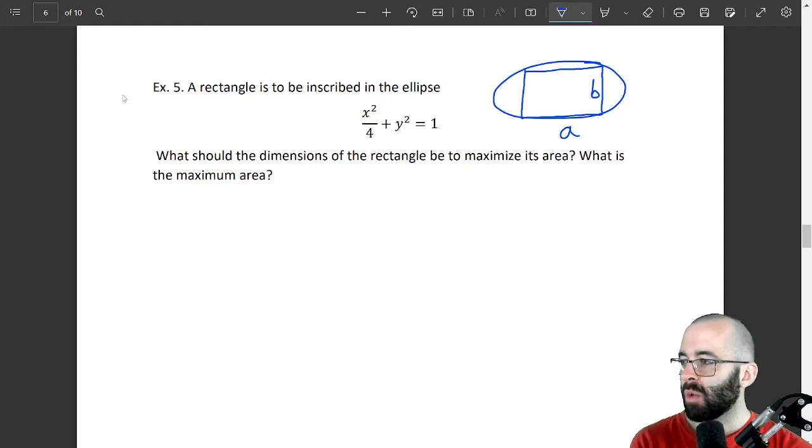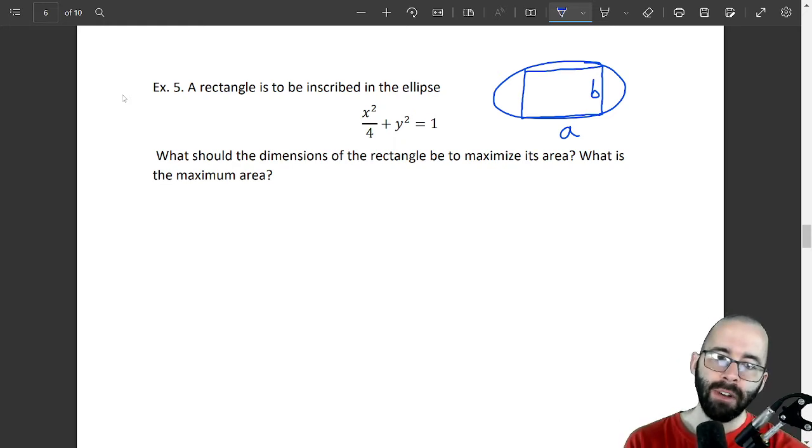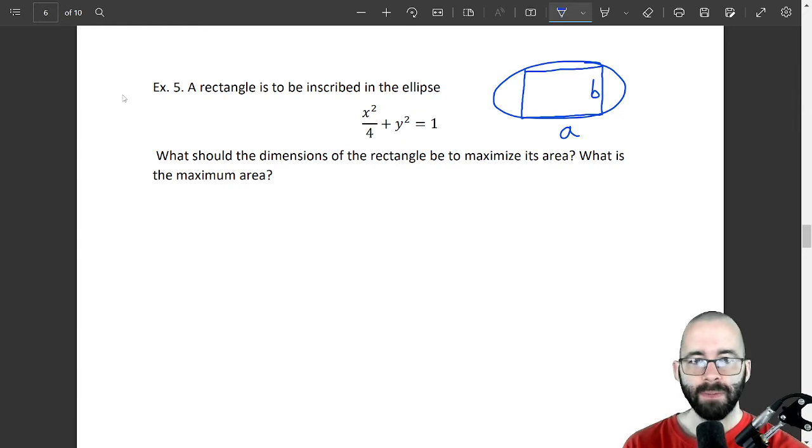Again, one of the quickest ways to figure out what your variable should be, with some notable exceptions, like I talked about in the first example of this video, example 3, is just look at what the problem is asking about. That's either going to be an independent variable or a dependent variable. So the dimensions, those are the unknowns. We can name those. Let's name those A and B.